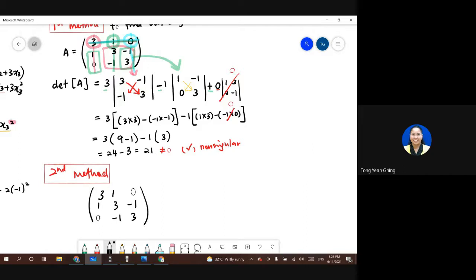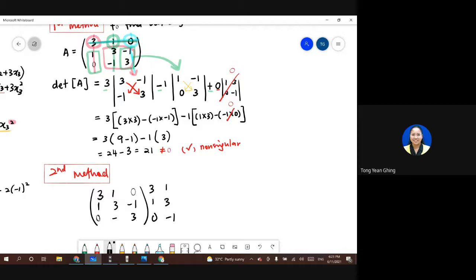And I will write back the first 2 columns here to the right: 3, 1, 0, and then 1, 3, -1.